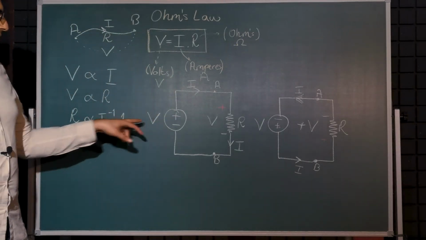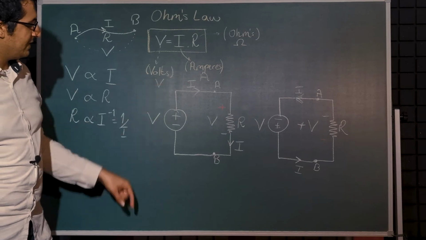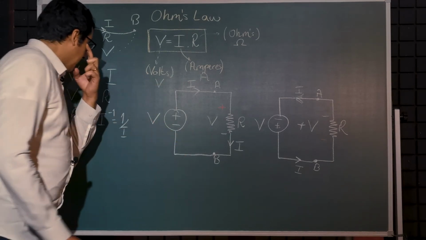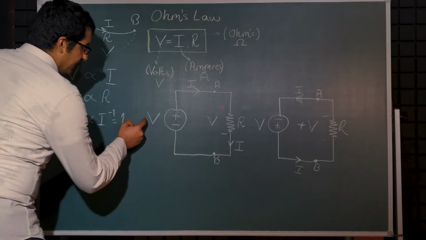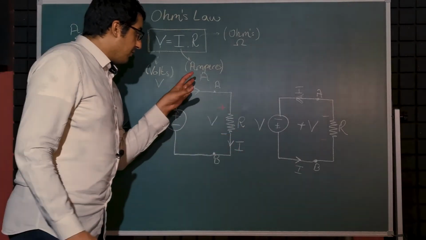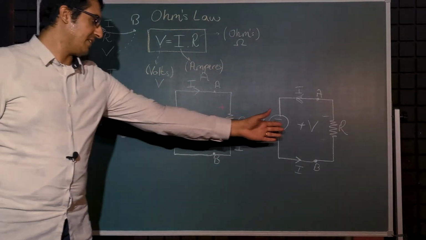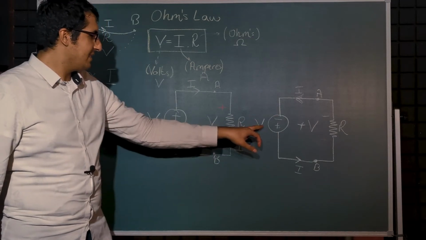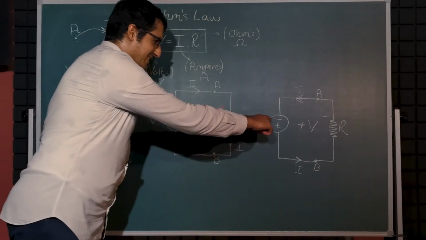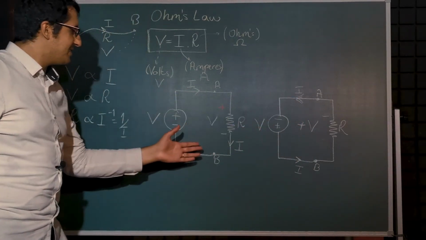Bear in mind that the current will always leave the positive terminal of our energy source and enter the negative terminal of our energy source. Even if this is minus V, this situation will be the same. The only difference would be the current will also be minus I in that case. This is actually the minus V case, but you should again re-invert the polarities and write minus V. They represent the same thing.